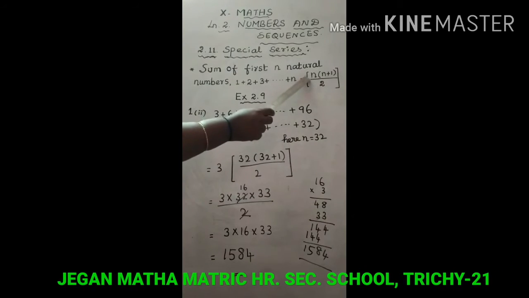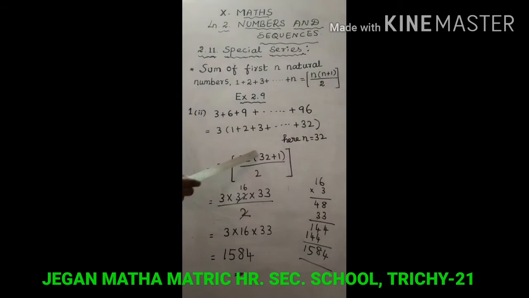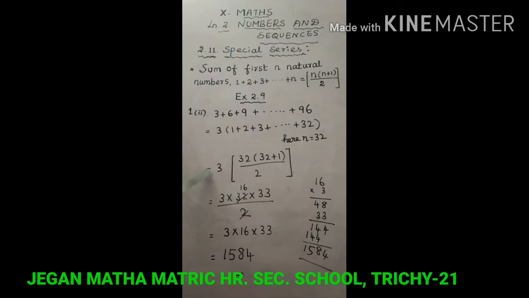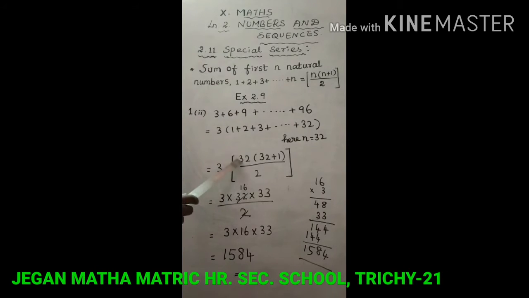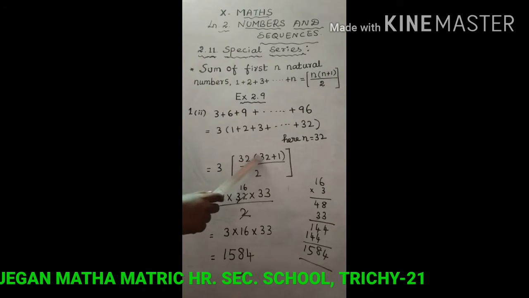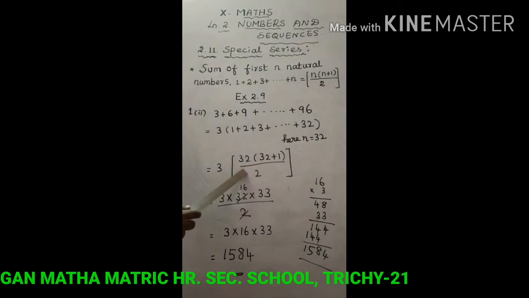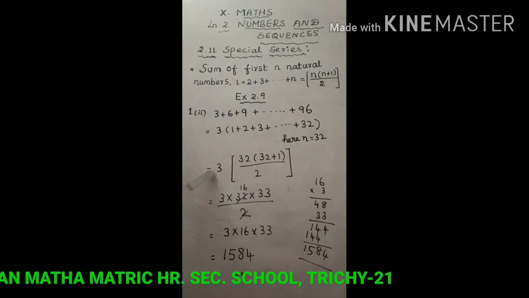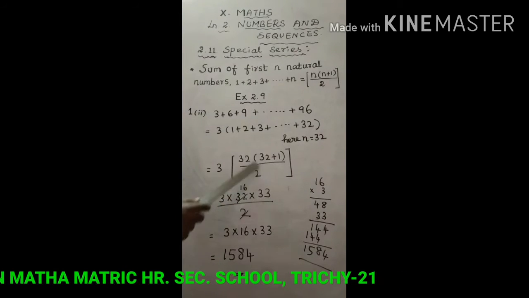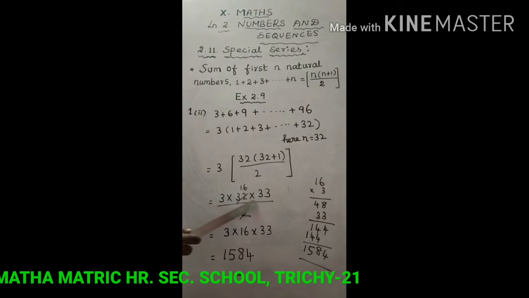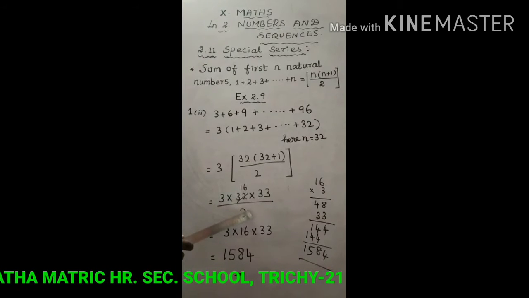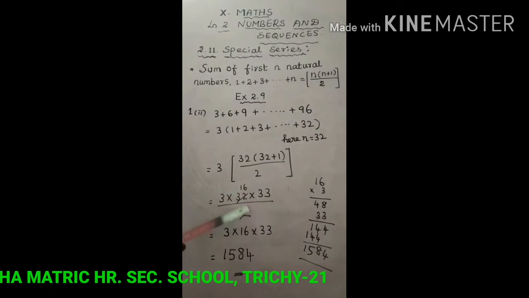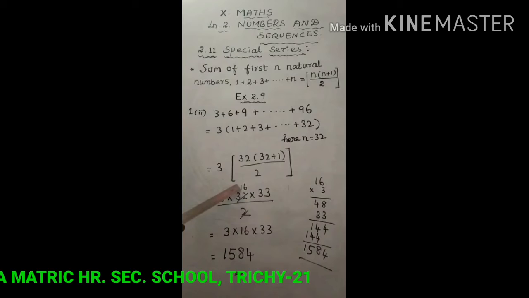Using this formula n into n plus 1 divided by 2. So 3 multiplied by 32 multiplied by 32 plus 1 divided by 2. So 3 into 32 into 33 divided by 2. Simplify now. 1 2s are 2, 16 2s are 32.